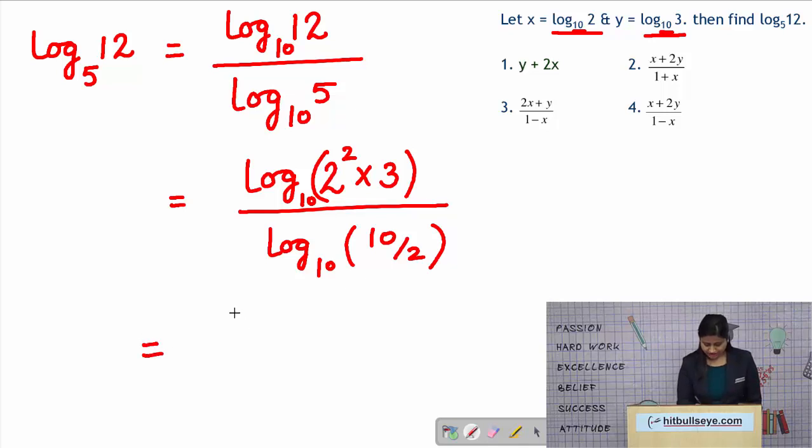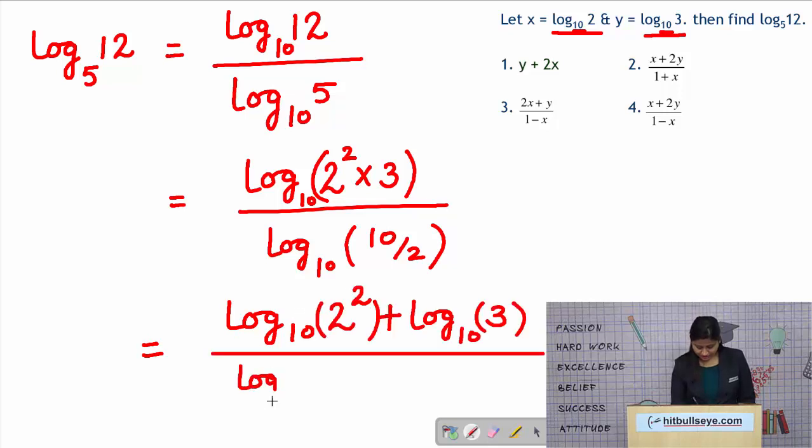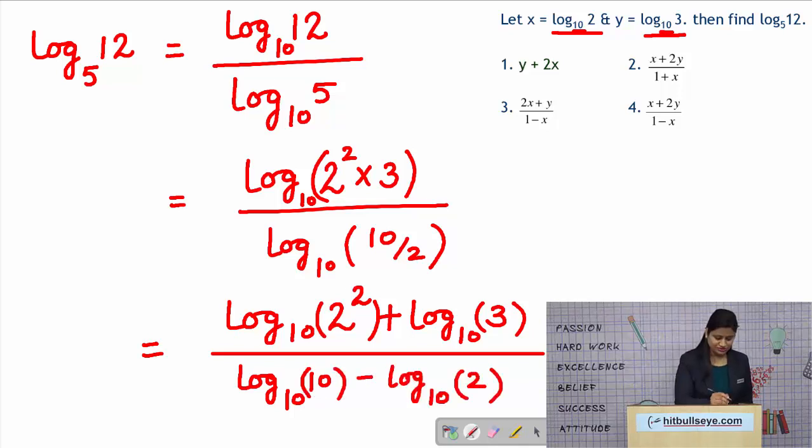So if we apply further formulas of log, in the numerator I'm applying the product formula, and in the denominator we are applying the division formula. Also, in the first expression in the numerator, we can apply the power formula because we have the value for log 2 with base 10, but in this expression we have 2 square.